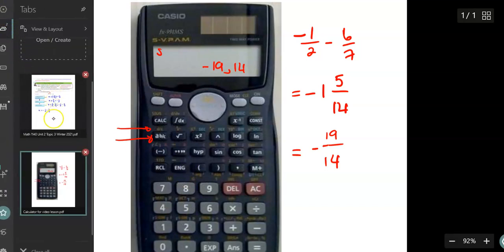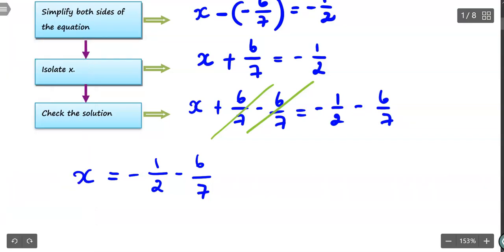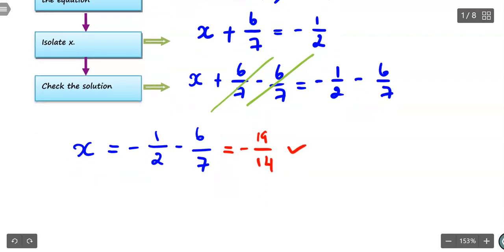Alright, okay. So let's get back to our equation. From my equation, I can tell everyone that my answer should be negative 19 over 14. So just leave that there for now. But let me remind everyone how to work with common denominators.